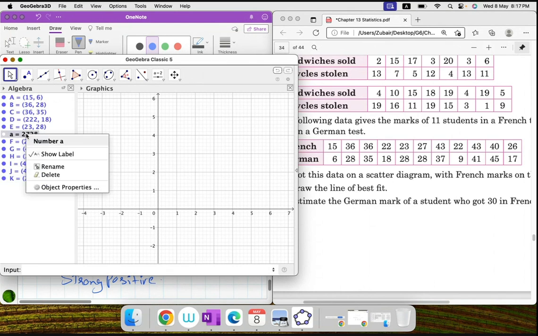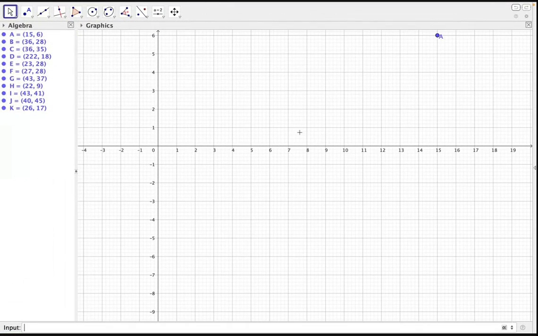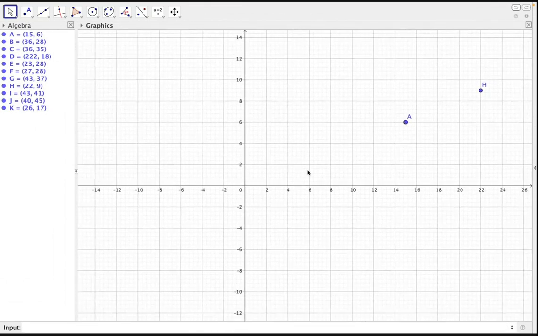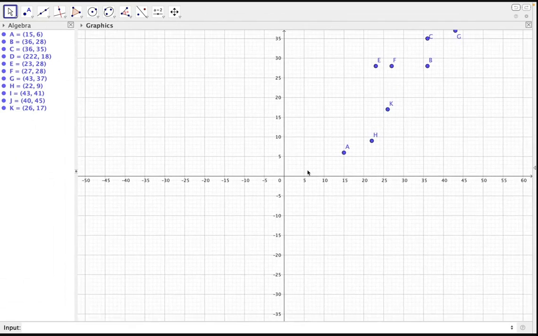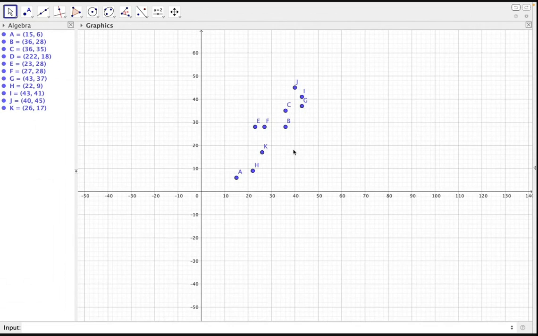And deleting this raw entry. And these are the points.